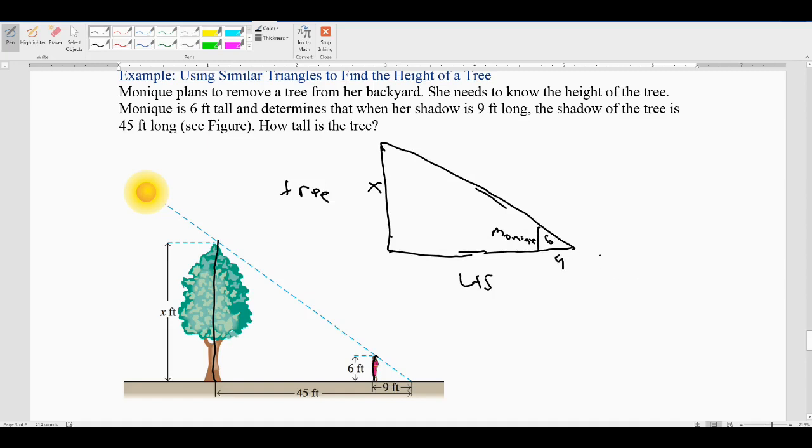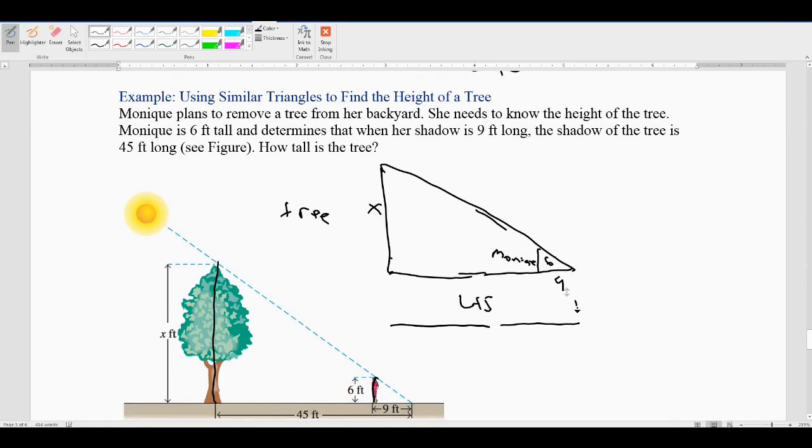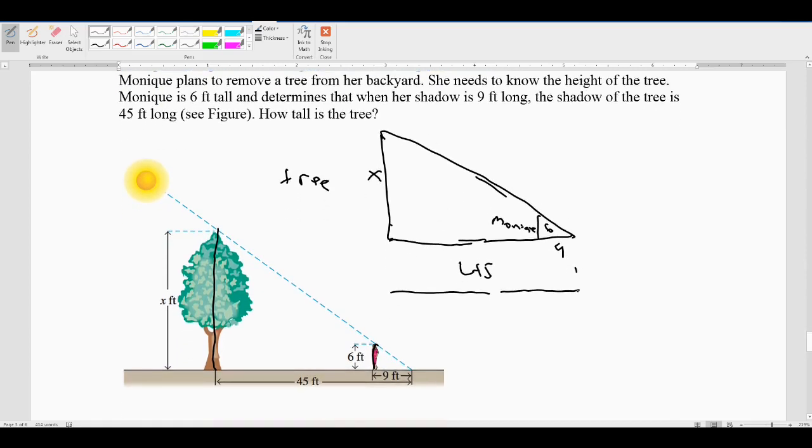And by the way, this 45 feet goes all the way across. And the 9 feet is just this part right here. Well, if you take a good look, you got a big triangle. That's X and 45. Then you got a similar triangle.